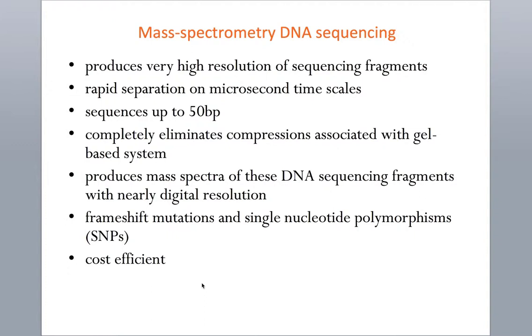We don't have those GC compressions I mentioned before, as we have in the gel-based system. And practically those fragments will provide a spectra, almost like a fingerprint, the mass spectra, with very good resolution, as I mentioned. So if you're looking for mutation or single nucleotide polymorphism, like the SNPs, it's an extremely valuable method. And actually it's very cost efficient. So this is how it looks.